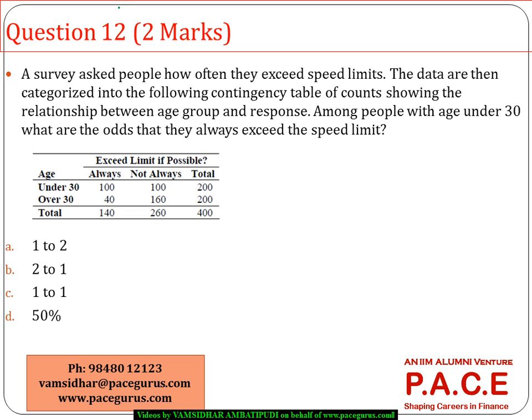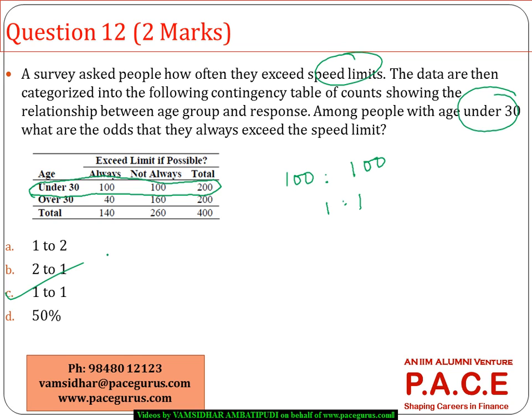A survey asks people how often they exceed speed limits. Data are characterized in the following contingency table of counts, showing the relationship between age group and responses. Among the people with age under 30, what are the odds that they always exceed the speed limit? So always exceed versus don't always exceed: 100 is to 100, which is 1 to 1.